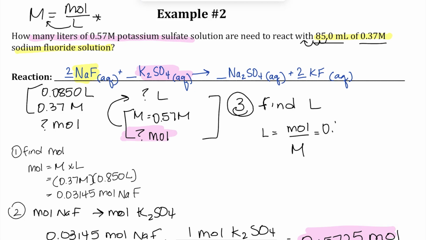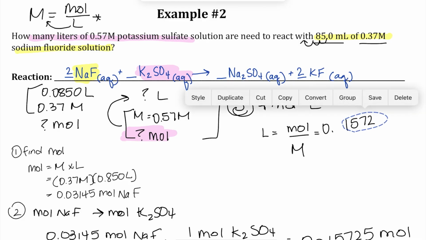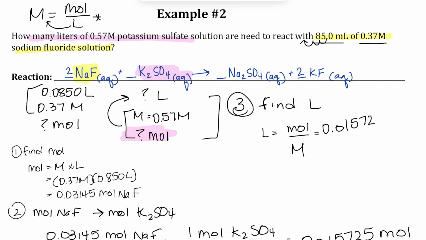So we've got 0.015725, oops, I think I forgot a 0 in here. Apologies, I'll fix that. We've got another 0 in here. There we go. So that is 0.015725 moles divided by that molarity that was given to us, 0.57 molar, to find my liters.